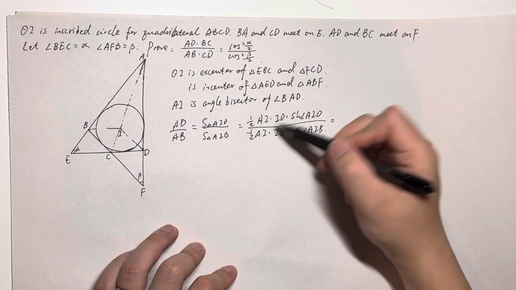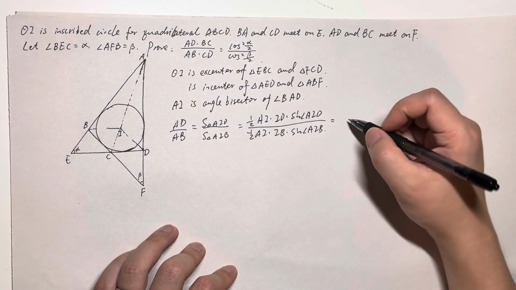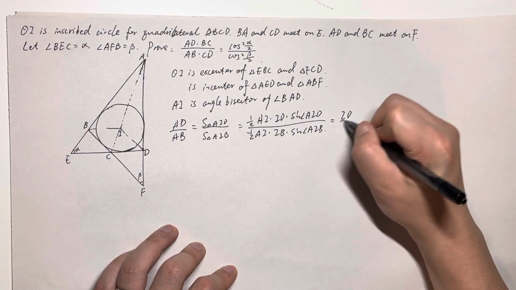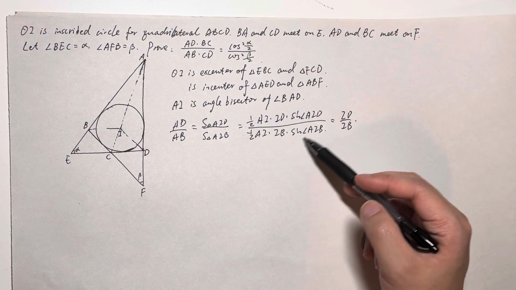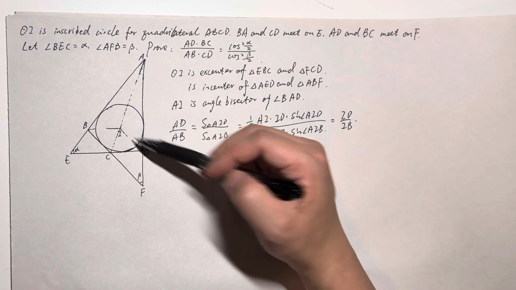AI and 0.5 cancel each other, so we have ID to IB times sine angle AID to sine angle AIB.